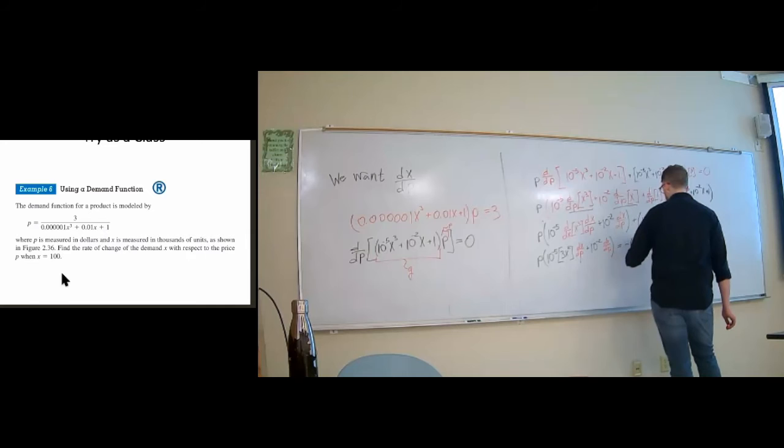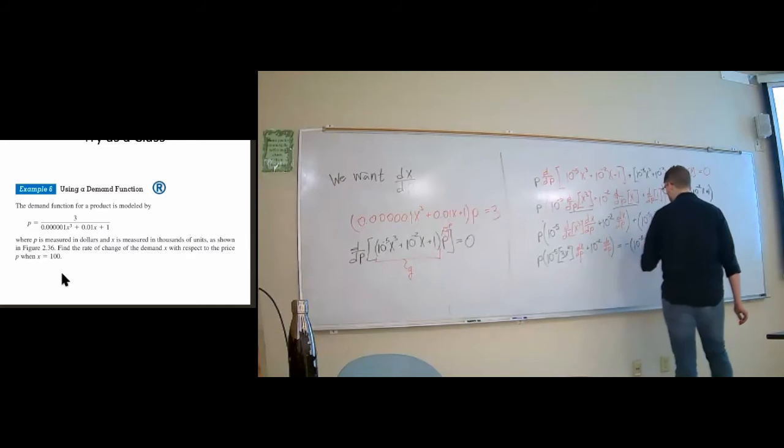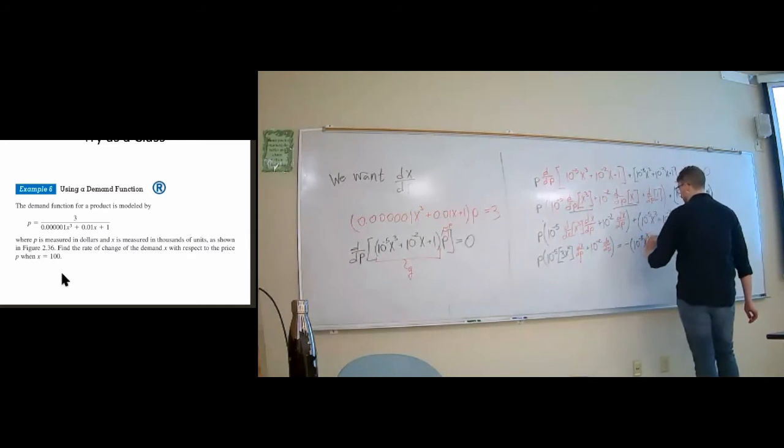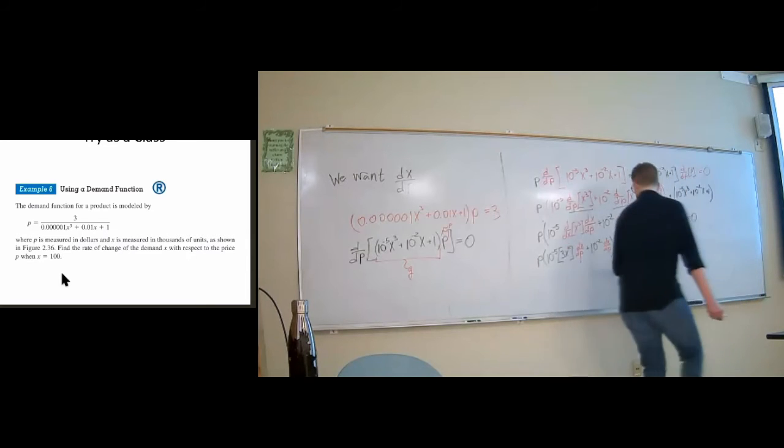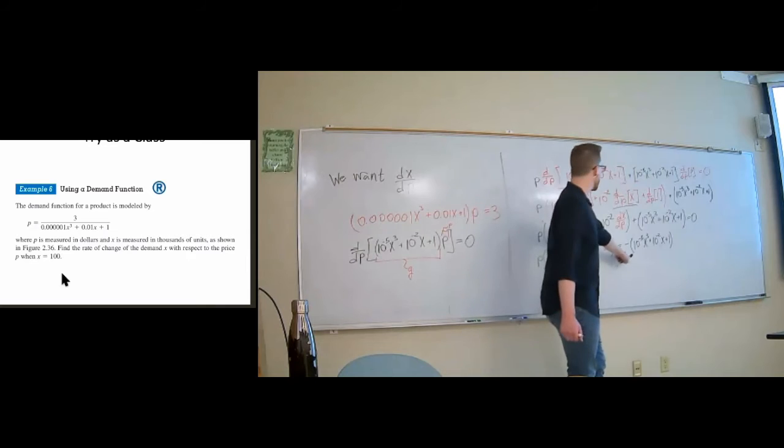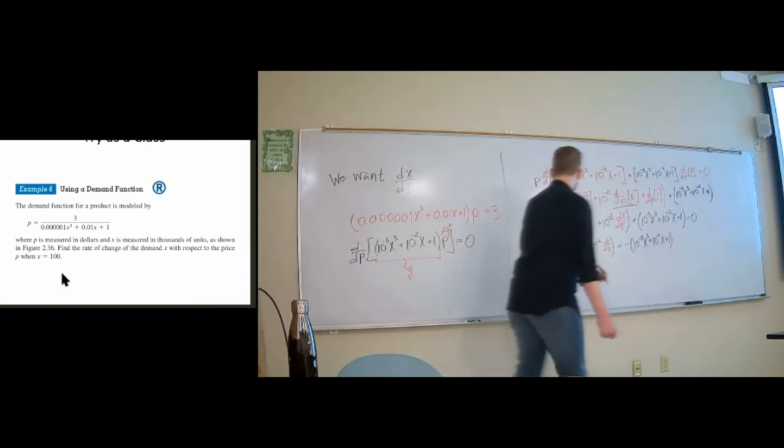Negative 10 to the negative fifth x cubed plus 10 to the negative second x plus 1. Right, so all I did here at the very end was subtract this polynomial from both sides.